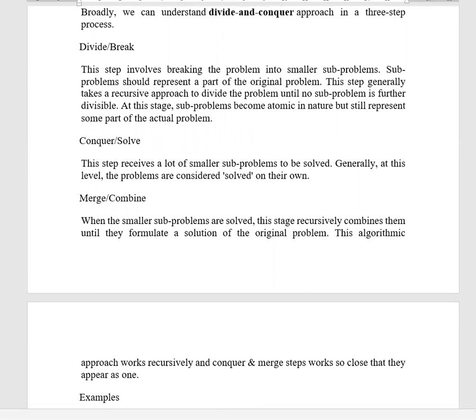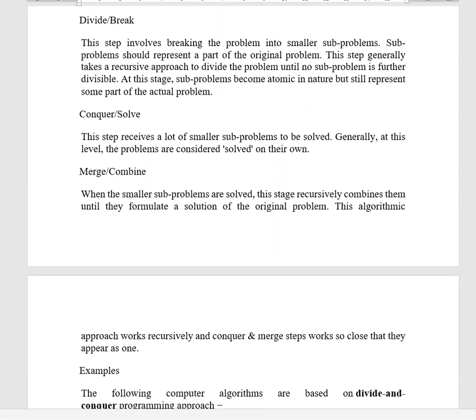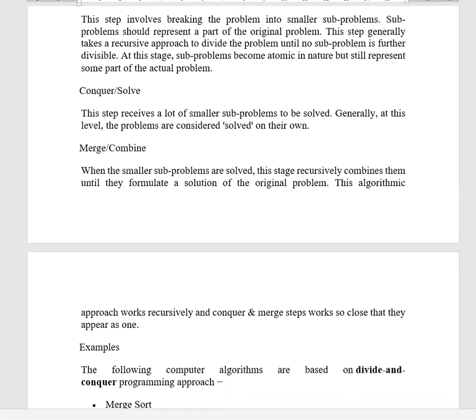When the smaller sub-problems are solved, this stage recursively combines them all until they formulate a solution of the original problem. So that is the basic algorithm, and this algorithm approach works recursively. The conquer and merge steps work so closely that they appear as one. So these are the three steps done in divide and conquer technique.